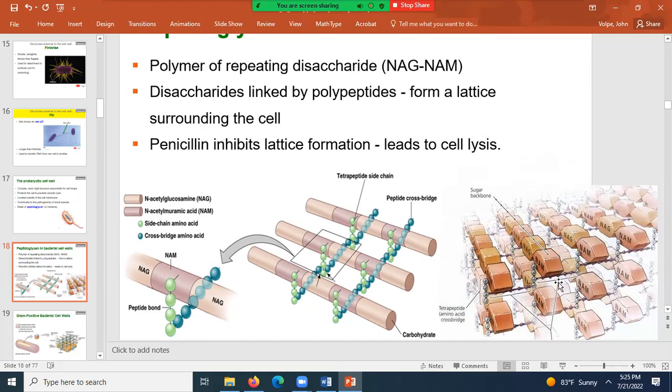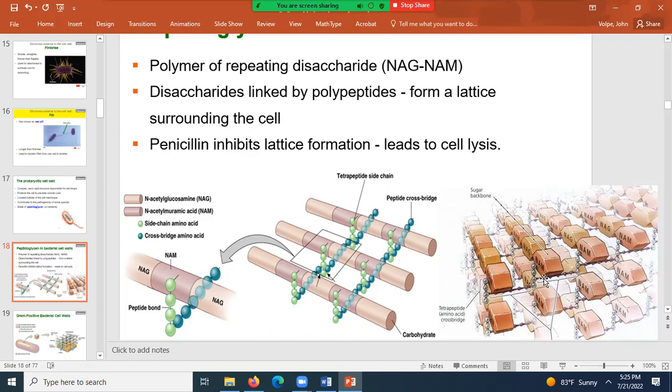What that peptide is doing is binding the NAG and NAM chain running horizontally here, and the NAG and NAM chain here. And this one is running across. So it's connecting the NAG and NAM chains together.